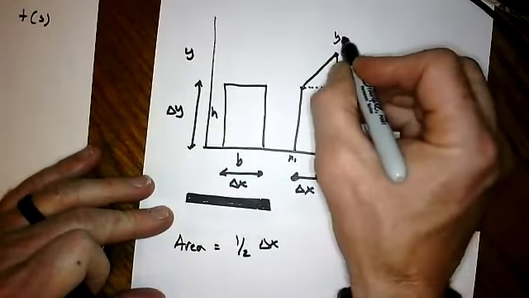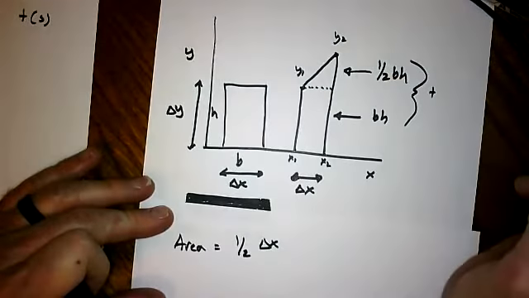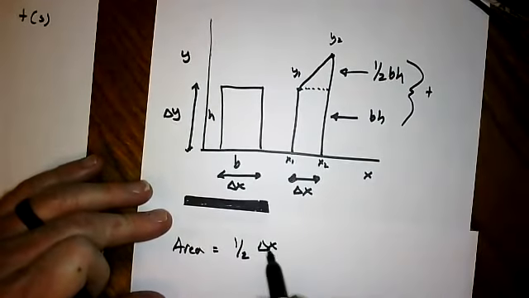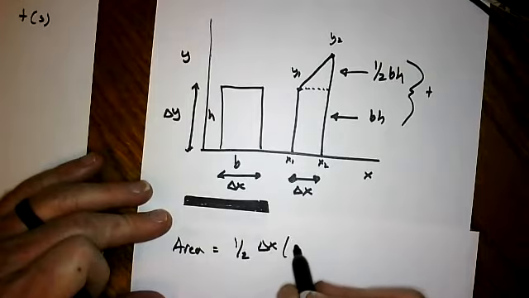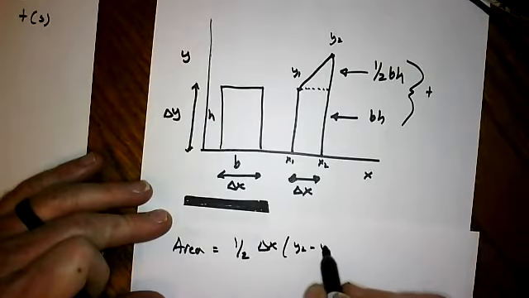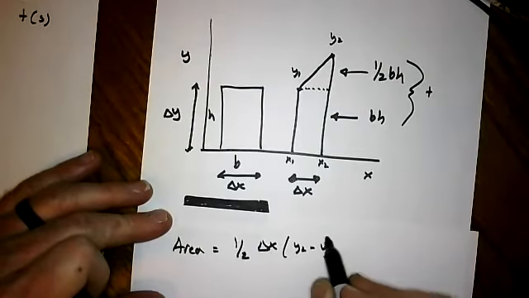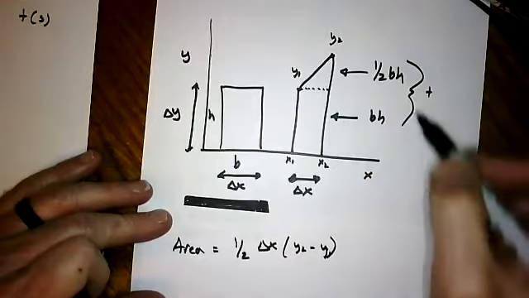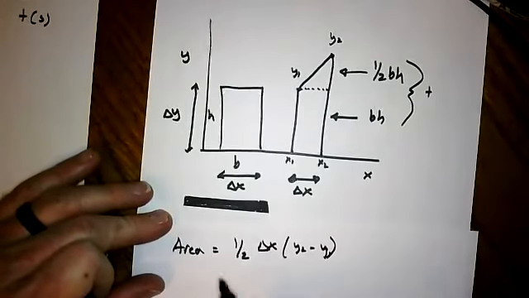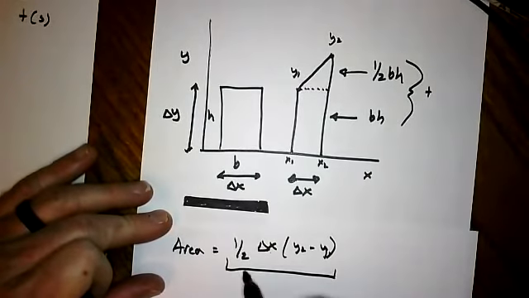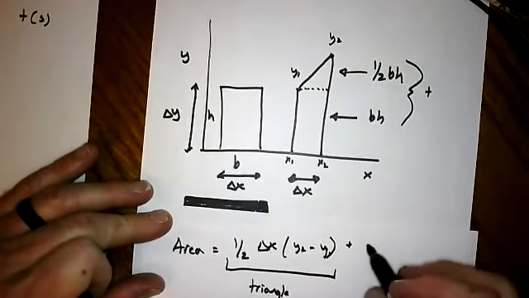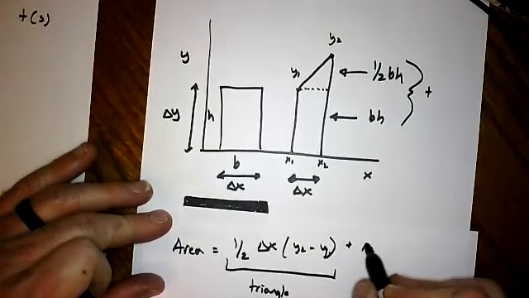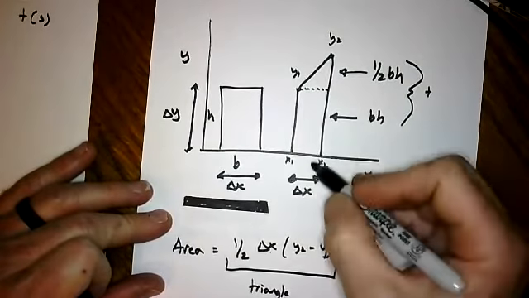This would be y2, and this would be y1. So 1/2 base, x2 minus x1, times y2 minus y1. That will give us the height of that triangle. That's the triangle part. Plus the rectangle part, which is base delta x times the height of this.